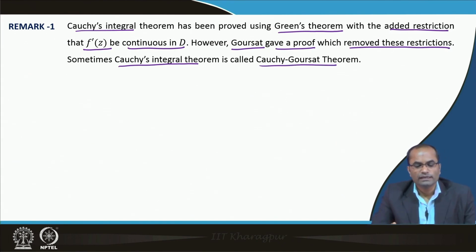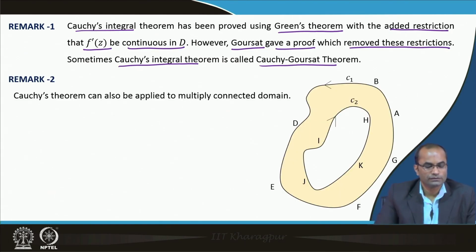So, we do not actually need that restriction which we have used there, that f prime z is continuous in D. Without that assumption also we can prove that result. That means, f z is analytic, that is enough.